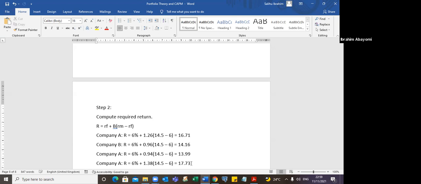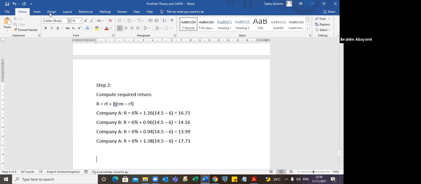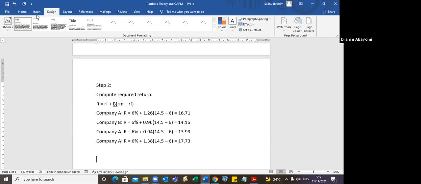So these are my required returns. Now I can go ahead and compute my alpha value.